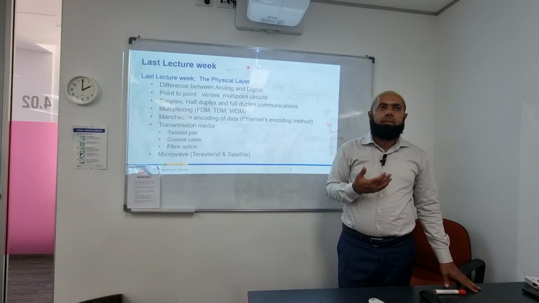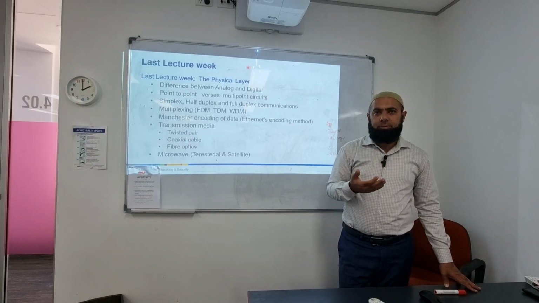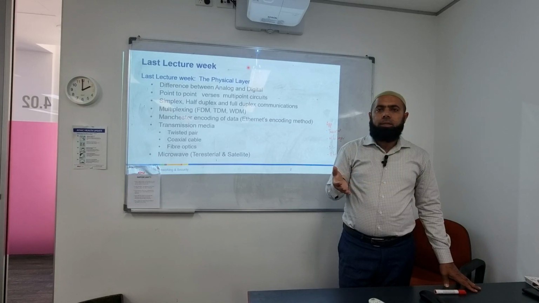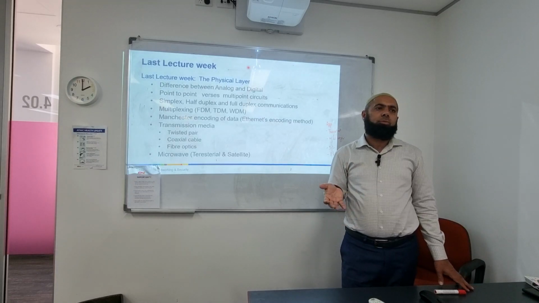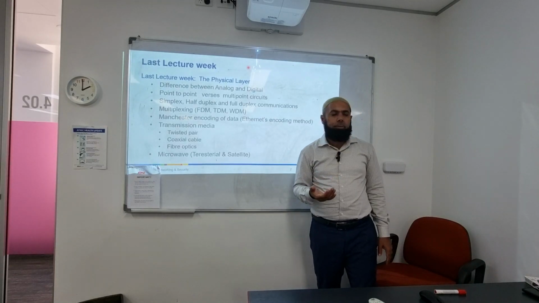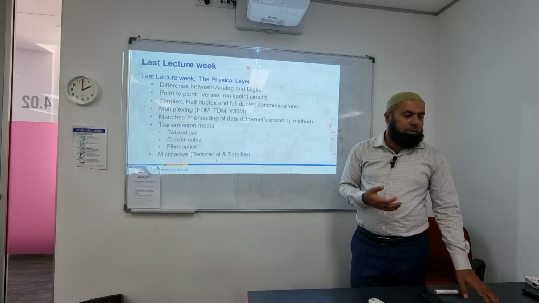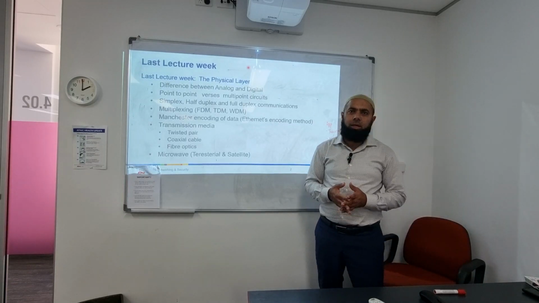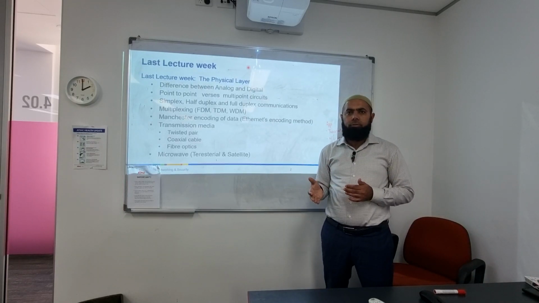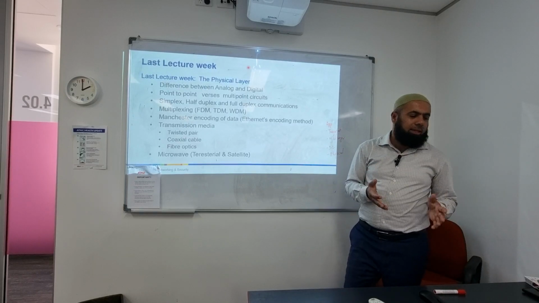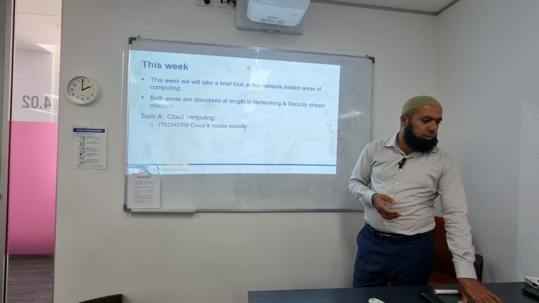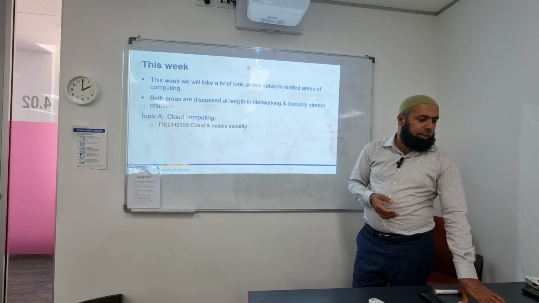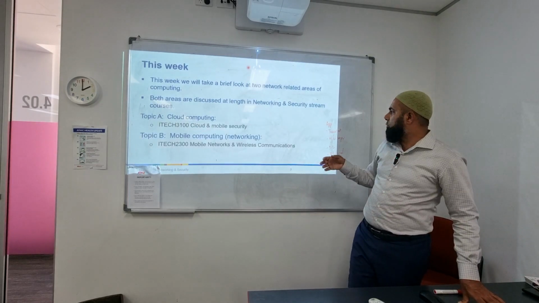And we know that it is about multiplexing. When we are sending data, we need some rules and regulations to send. Either we use time division multiplexing, or FDM or WDM. And also we have learned about whether the communication is simplex, half duplex, or full duplex.